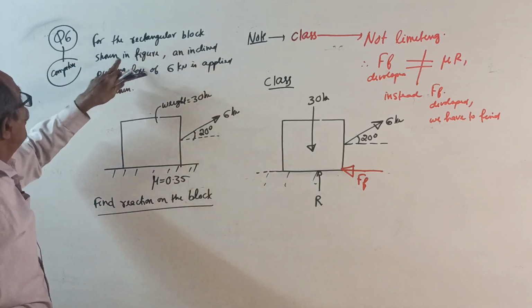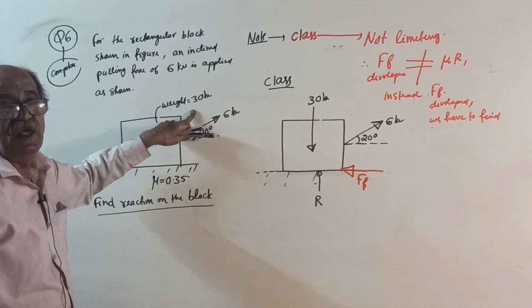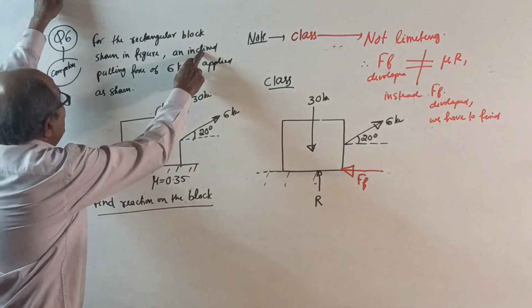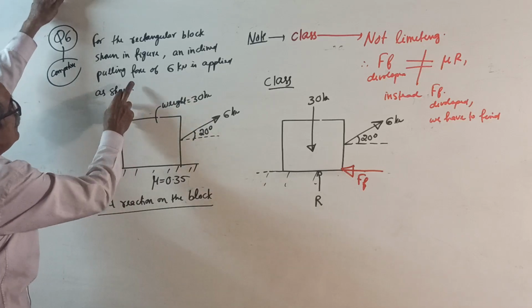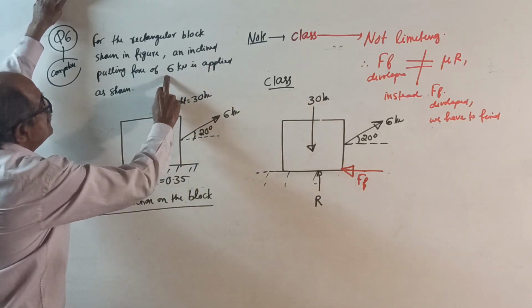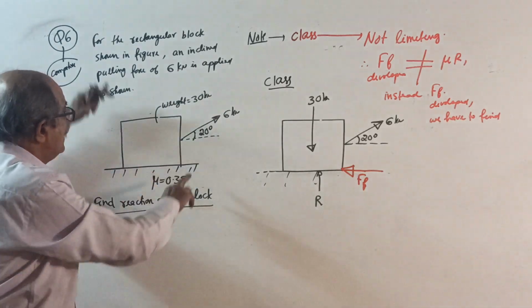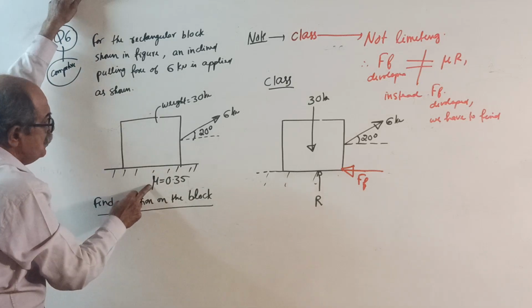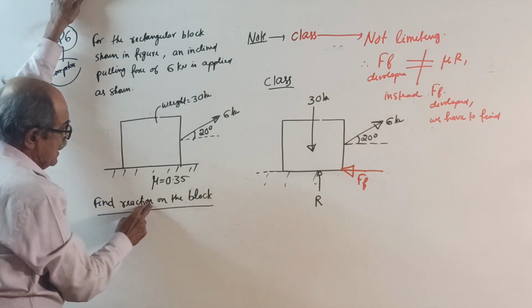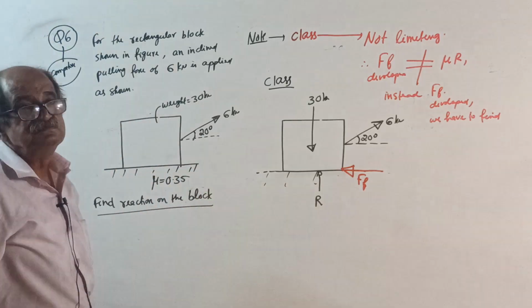For the rectangular block shown in the figure, weight 30 kilonewton, same as last time. An inclined pulling force of 6 kN is applied as shown in the figure, at 20 degrees. Mu is 0.35. Find reactions on the block.